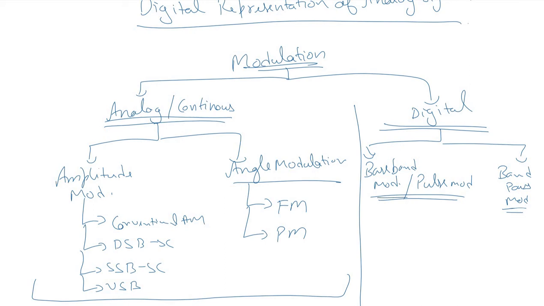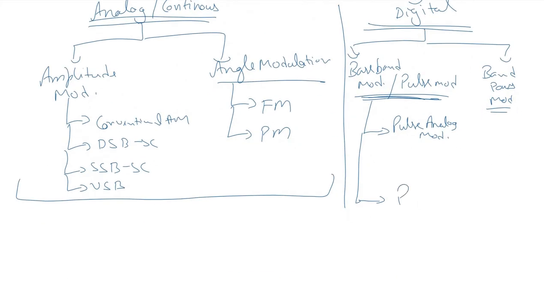In case of pulse modulation or the baseband modulation, we can further divide it into two parts. One is your pulse analog modulation, and second one is your pulse digital modulation.